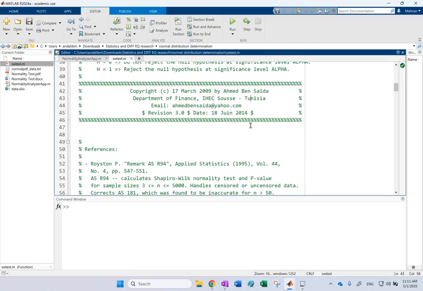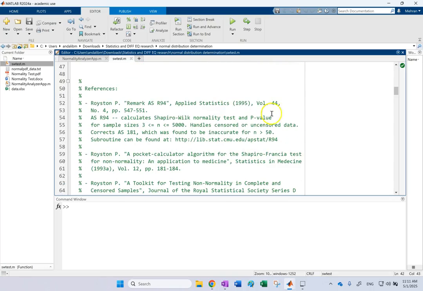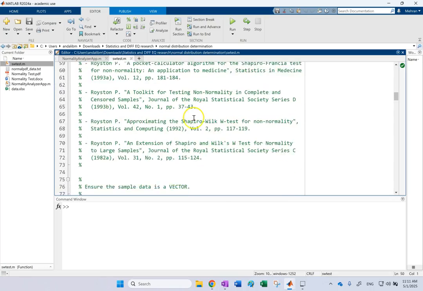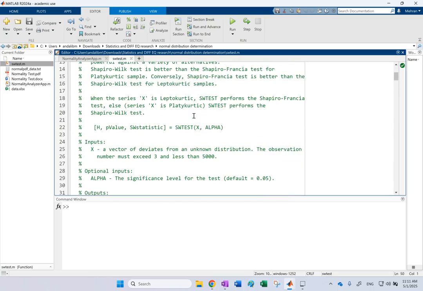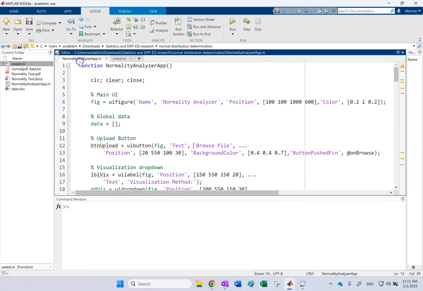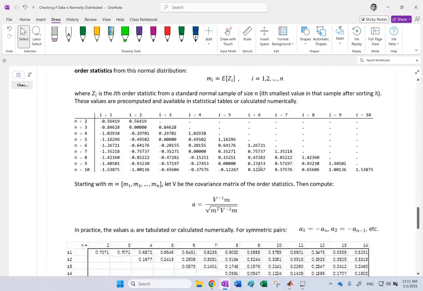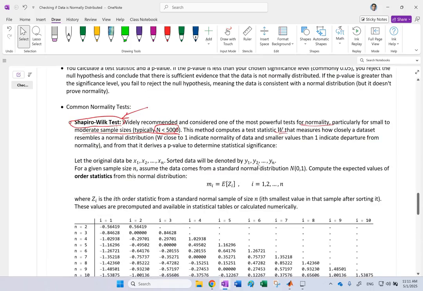I really appreciate what he did, and this code was written quite a while ago. These are his references. So all the credit goes to this gentleman for writing the code.